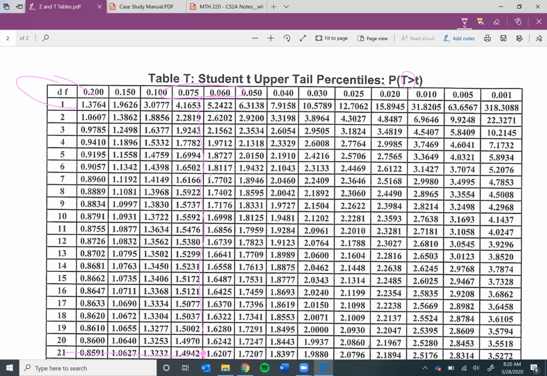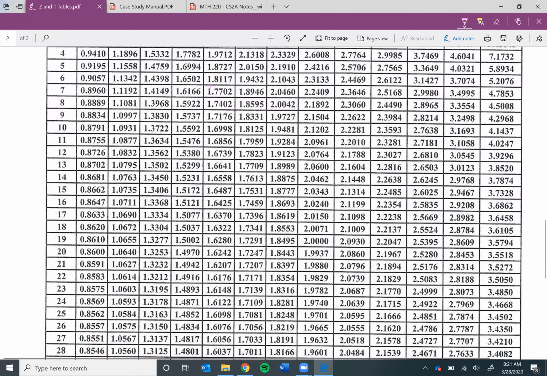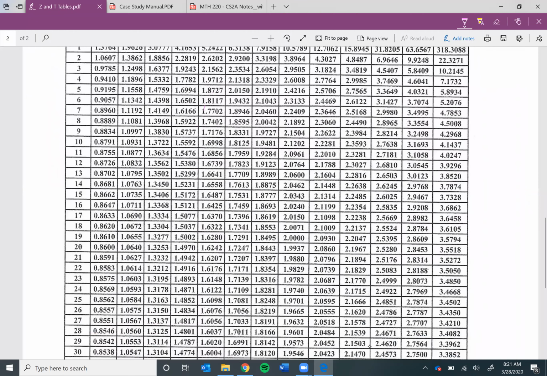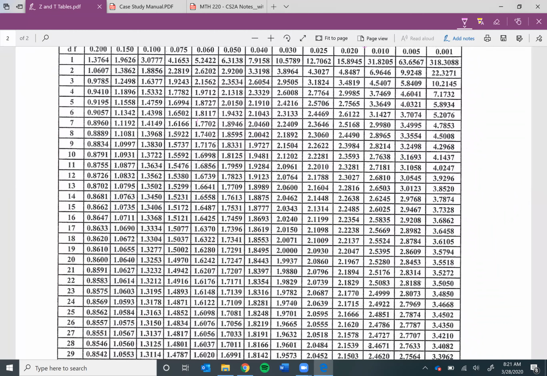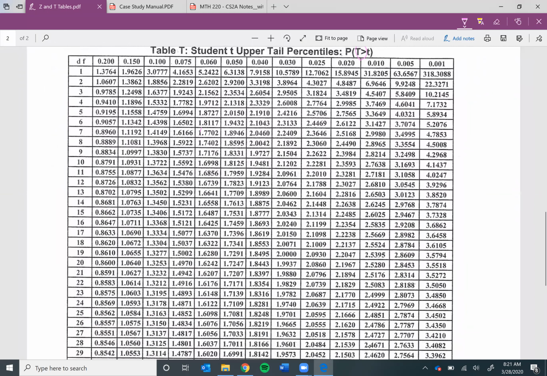The degrees of freedom are 29. Let me clean this up a little. Let's zoom out a little: degrees of freedom at 29, and there's the top of our chart.